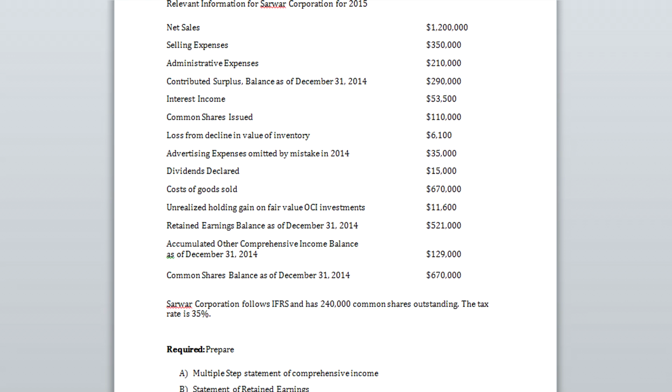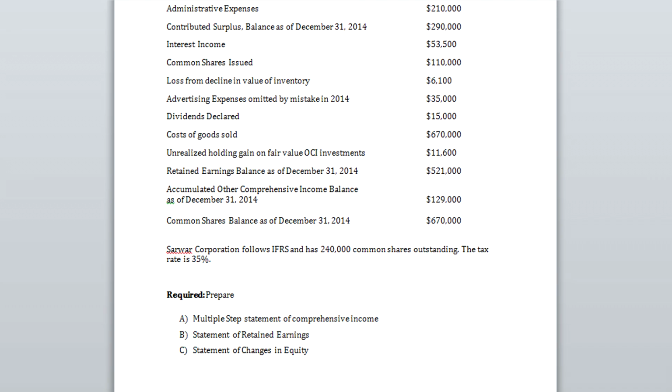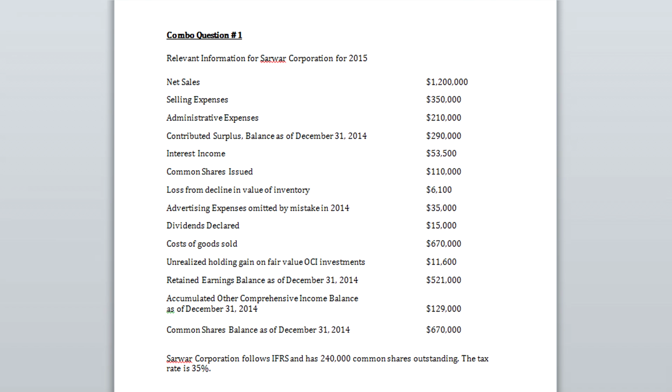Oftentimes on the midterm, they're not just going to ask you to prepare an income statement. Oftentimes, they'll get you to prepare an income statement along with maybe a statement of retained earnings or a statement of changes in equity, because the information on the income statement is relatable and will affect the statement of retained earnings and the statement of changes in equity, which is why they're often asked together.